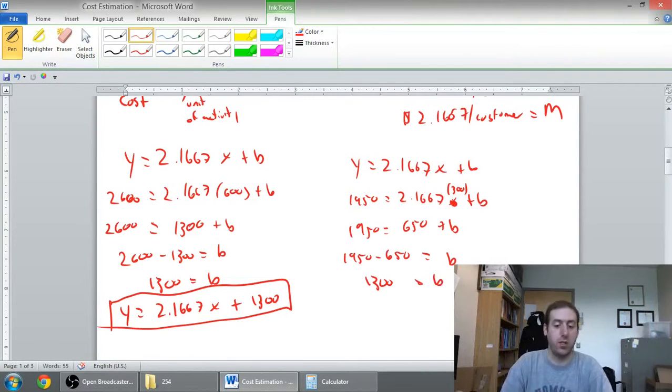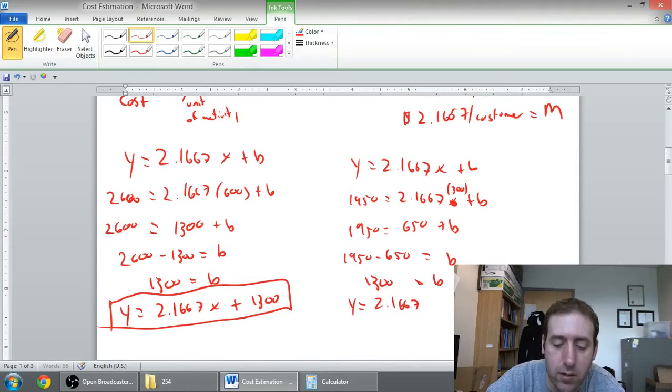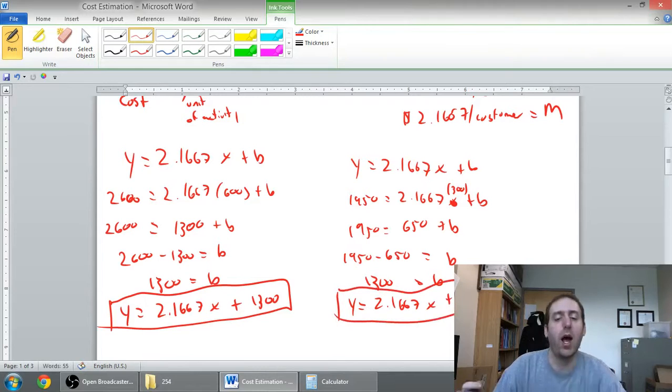And we've got the same b as we did before. So our formula for a line, y equals 2.1667x plus 1300. Didn't matter that we used the high or the low point. I wouldn't make my students use both, one or the other, and you'll get the correct answer.